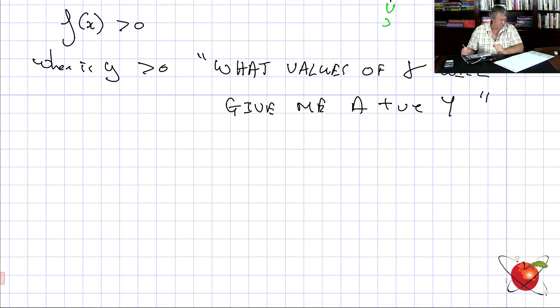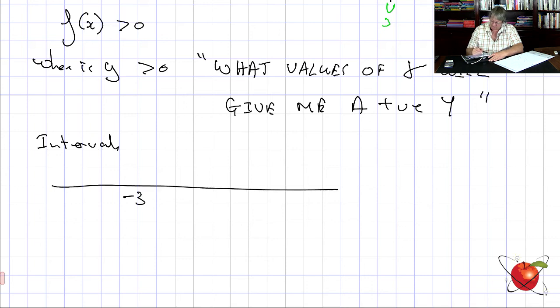So what do I do? I basically go to it and say, okay, let me put in my intervals. The intervals are, in this case, the graph I've got minus 3, okay, there it is, and we've got plus 2. To this side over here, to this side, it's going to be positive. So I'm looking at that side.